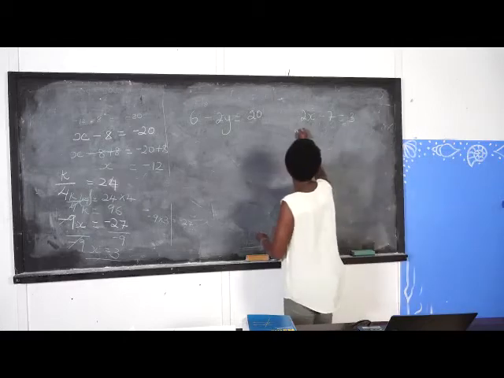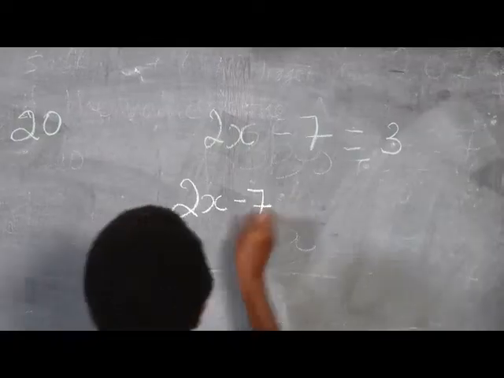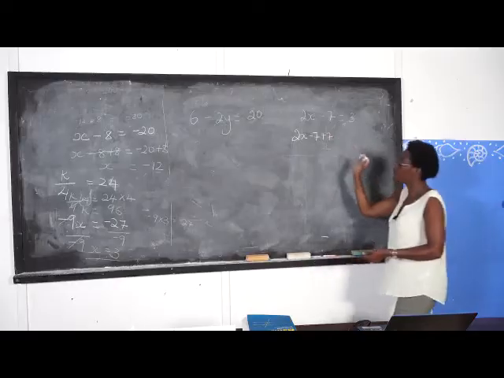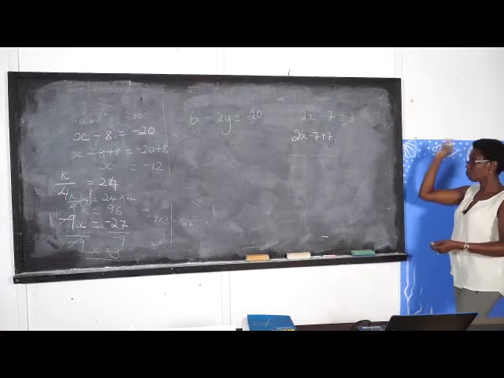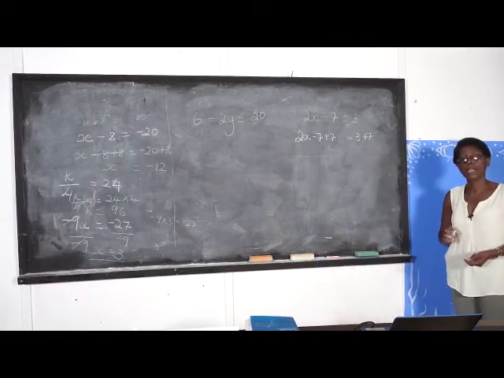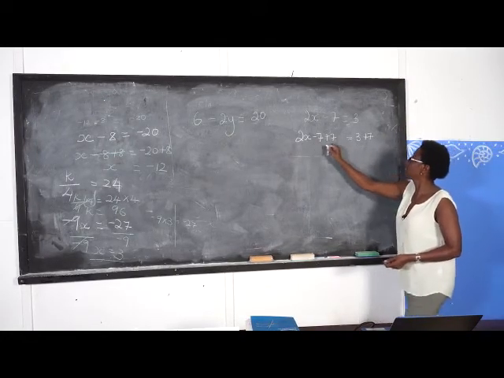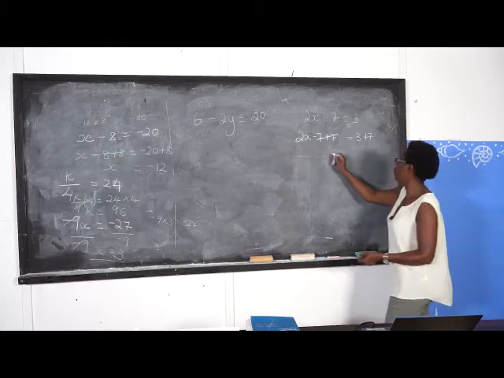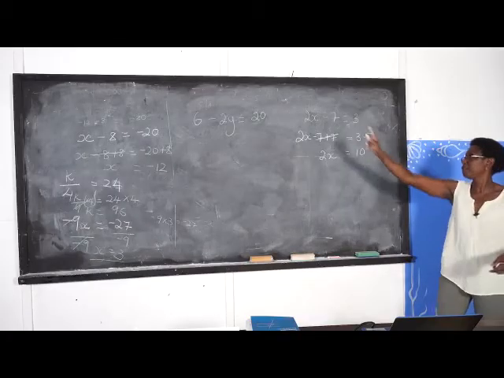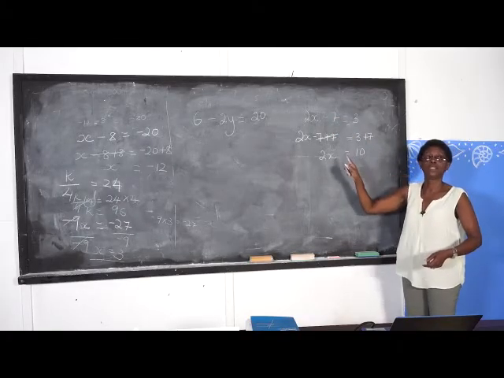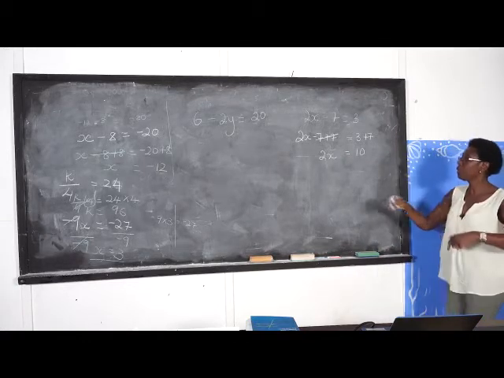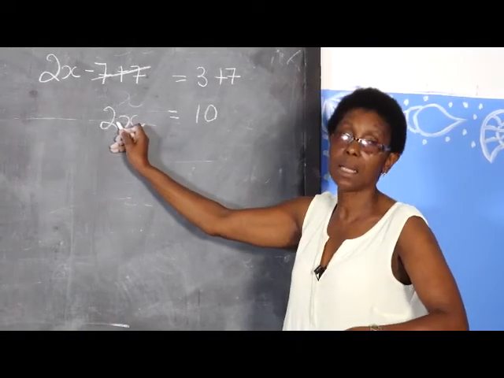So we've got 2x minus 7, and we do the inverse of minus 7, which is a plus 7. We do the left-hand side, same thing as the right-hand side, so that's 3 plus 7. The minus 7 plus 7 cancel, so we've got 2x equals 10. So we've got rid of the first thing that must go, the minus 7. Now what else must go is the times 2, not 2, but the times 2. Remember, between the 2 and the x, it's a multiplication.